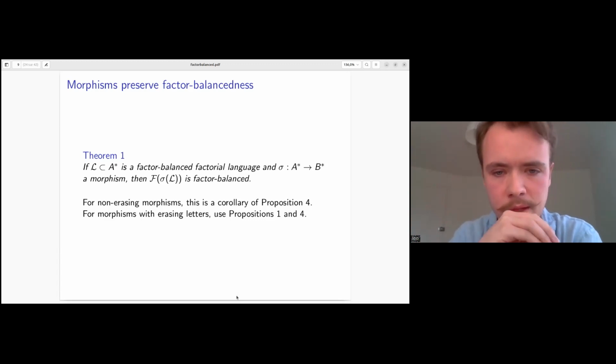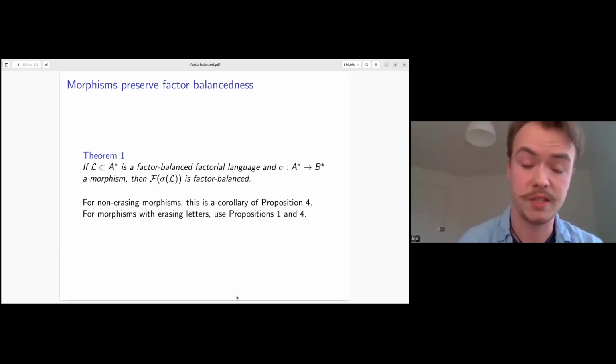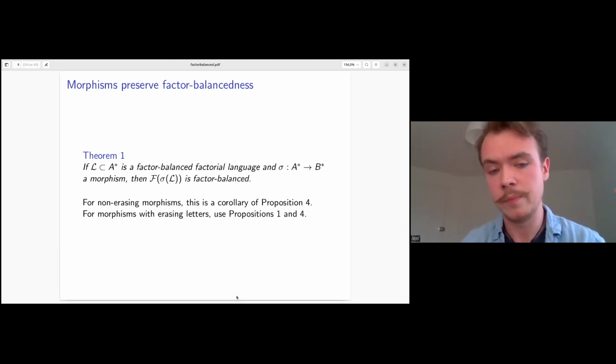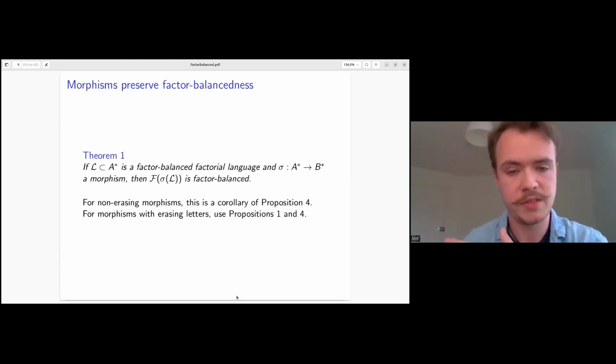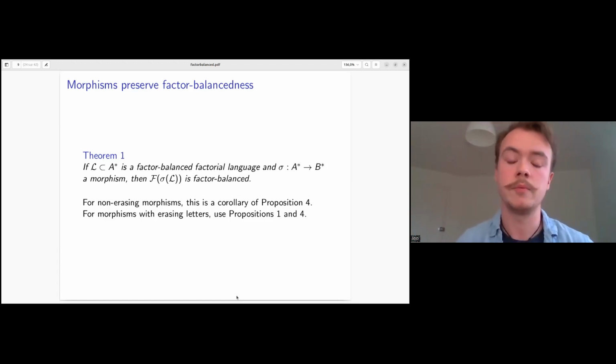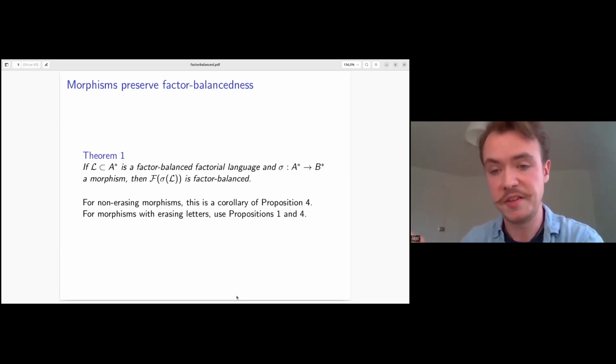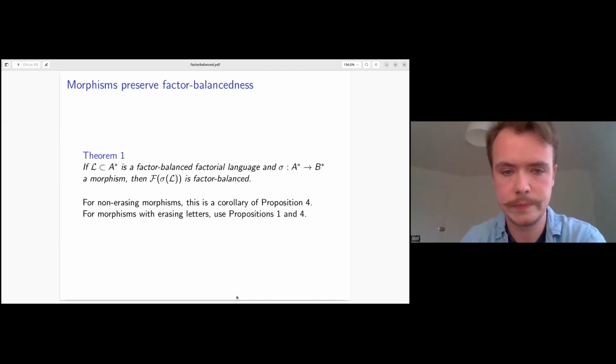And so if you have a substitution and a factor balanced language, then the factors of sigma of L are also factor balanced. For non-erasing morphisms, this is a direct corollary of the proposition that we've seen before. And for morphisms that can sometimes erase letters, we showed it by using what we've seen before and the characterization of balancedness linked to the distance to the frequency vector.